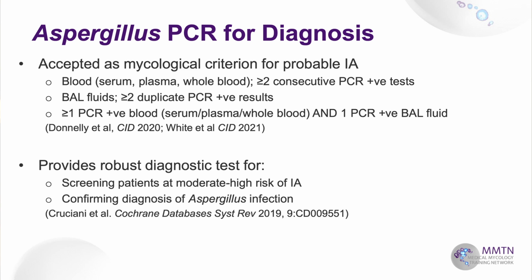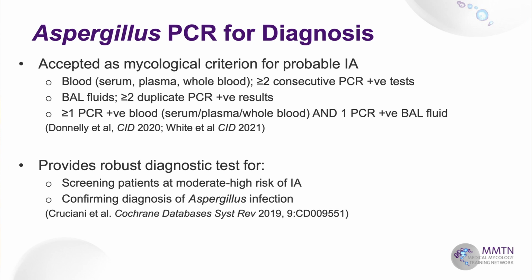So if we just look at Aspergillus PCR to start with, this Aspergillus PCR was incorporated into the latest iteration of the EORTC MSG criteria as providing mycological evidence of disease, whether we use a blood sample or a BAL sample, and you need at least 2 positive blood samples or 2 duplicate positive PCRs from a BAL fluid, or you can have 1 of each.